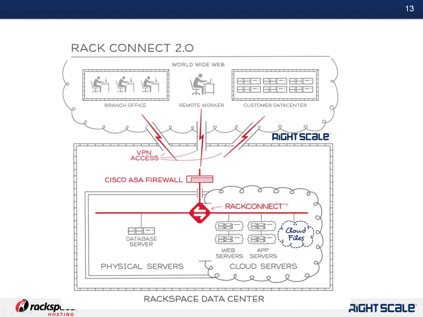A nice advantage of this in partnership with RightScale is now you've got the ability to have a single pane of glass to manage both your on-premise cloud, say you're running a private cloud on OpenStack, as well as the cloud and RackConnect environment at Rackspace, have it all within a single management console.